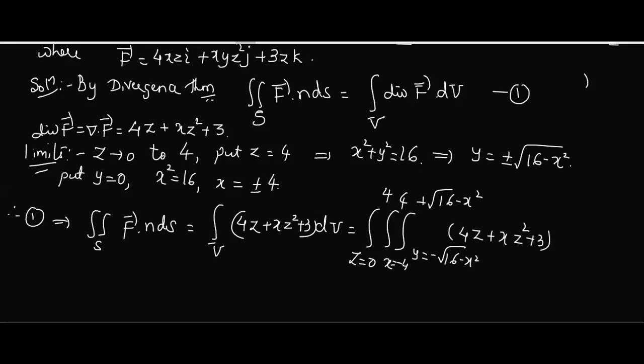First we have to integrate with respect to, tell me the order here: dy, dx, dz. Now first I'll take this part, that is, integrate with respect to y. Just see, is this bracket a constant or a variable?